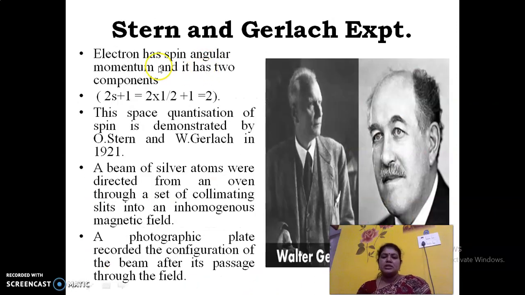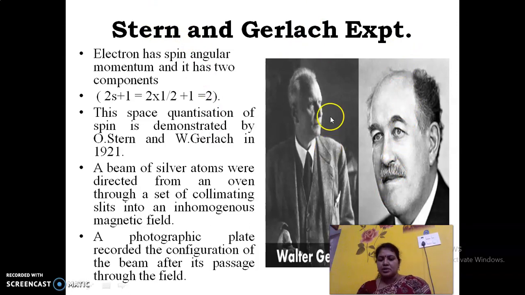Now this electron possessing spin angular momentum and having two possible orientations or components given by 2s plus 1, which is 2 into half plus 1 is equal to 2, was demonstrated experimentally by an experiment called the Stern and Gerlach experiment.